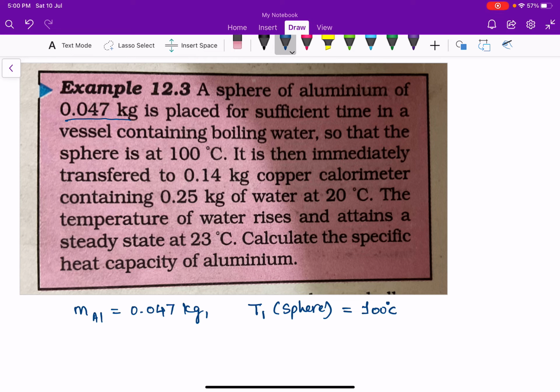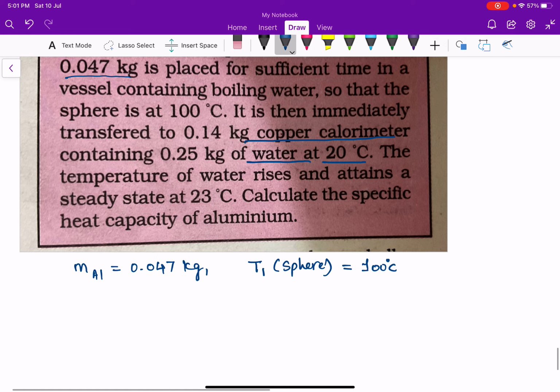It is then immediately transferred to a 0.14 kg copper calorimeter containing 0.25 kg of water at 20 degrees Celsius. So here the copper calorimeter and water are both at the same temperature. Mass of copper calorimeter is equal to 0.14 kg and its initial temperature is 20 degrees Celsius.